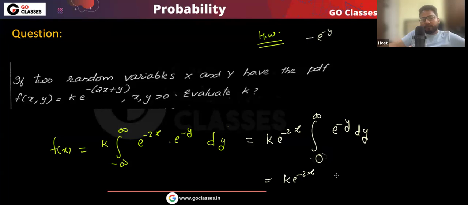And can you find out the f of y? What will the f of y be here? I think it will be k into e power minus y, or maybe this will be minus 2y.